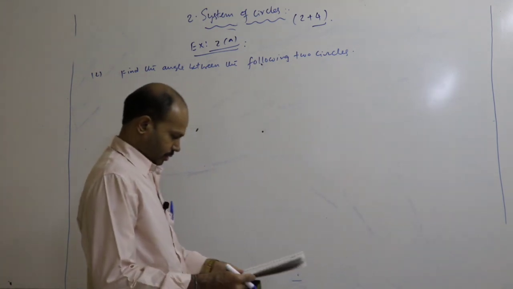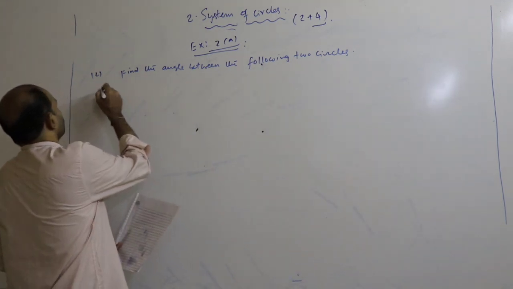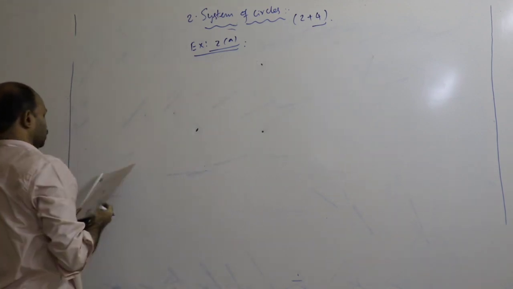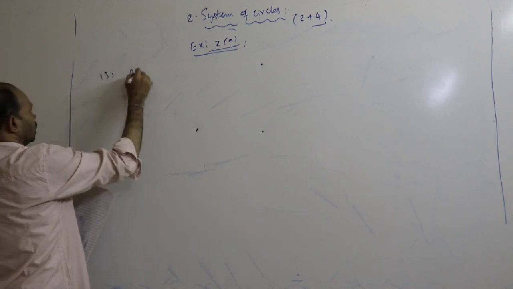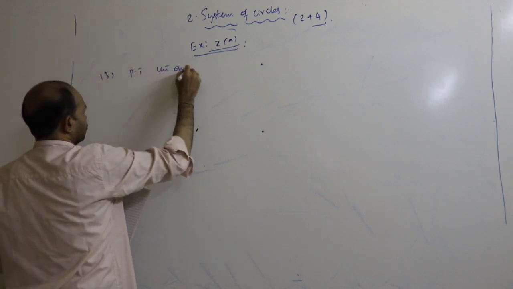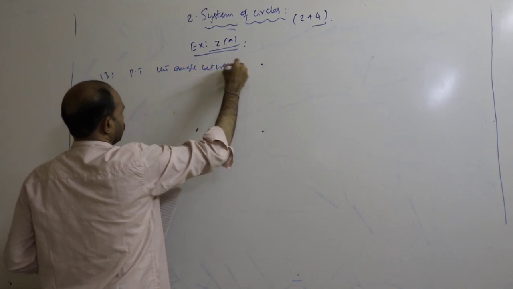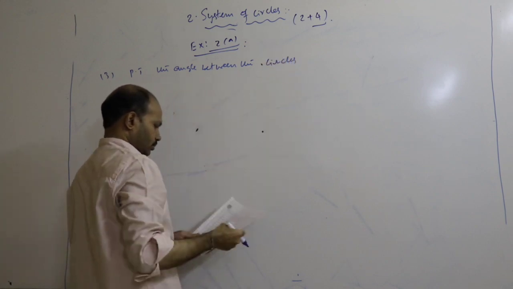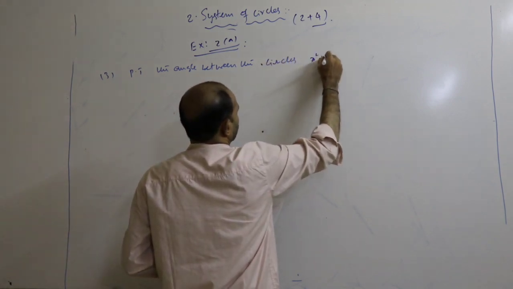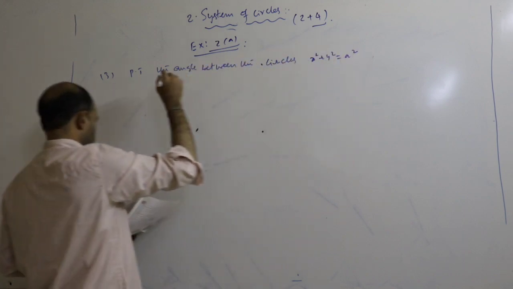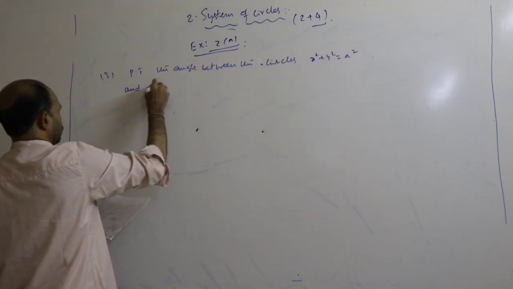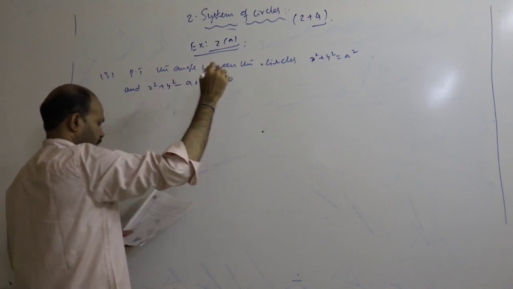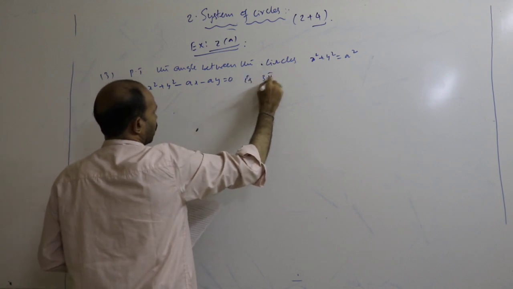Coming to the next bit. Third question. Prove that the angle between the circles x square plus y square is equal to a square and x square plus y square minus ax minus ay is equal to 0 is 3 pi by 4.